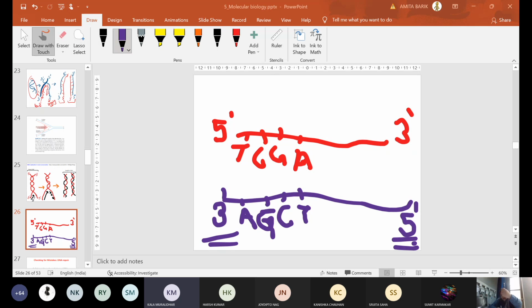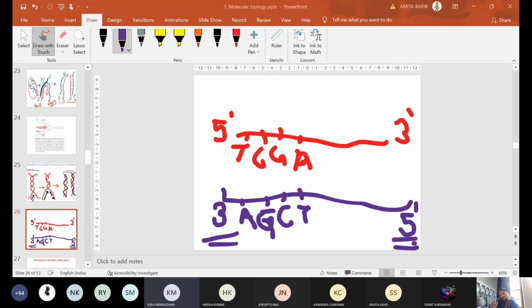Actually, it is not like a train moving like that. What is actually happening? Small nucleotides are coming up and being attached. They form base pairs with the parent DNA molecule, and they are joined through DNA polymerase. So this strand is the leading strand, which is continuously formed. On the other strand, small fragments are formed, known as Okazaki fragments, which are then joined together with the help of another enzyme known as DNA ligase.